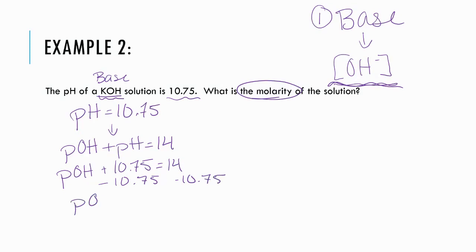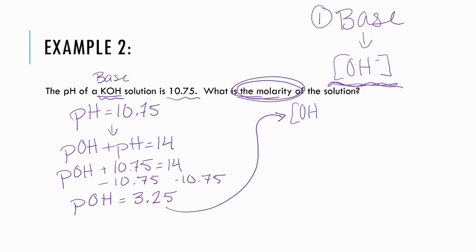And I find that the pOH is 3.25. All right. But I'm not done because I'm asked again for the molarity. So I need to now take this pOH and use it to find the concentration.